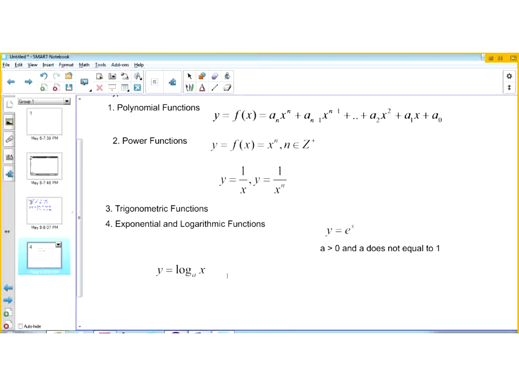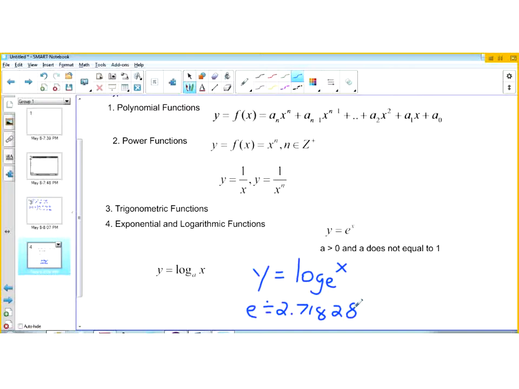Another example of a famous logarithmic function: if we let the base a, which is a number greater than 0 but not 1, be e, where e is approximately equal to 2.71828, then log base e of x is often written as the natural log of x.